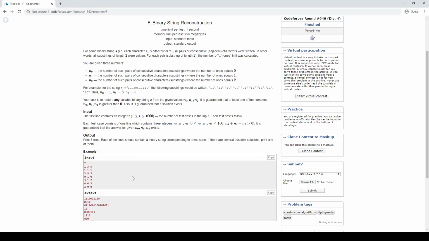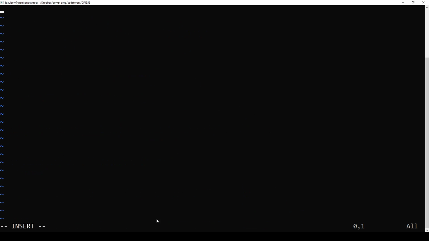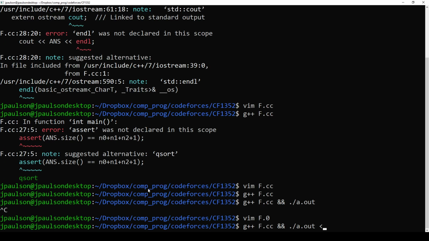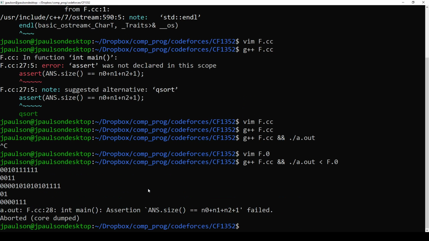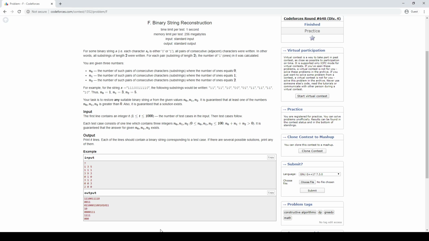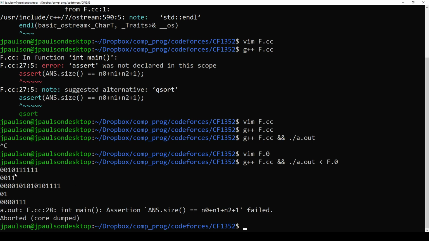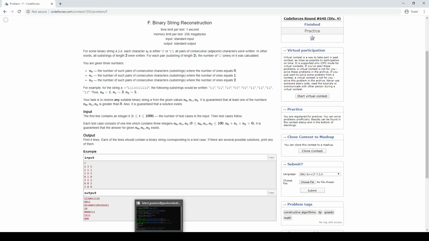So it's supposed to have 1, 3, 1, 2, 3, 4, 5. That looks good.